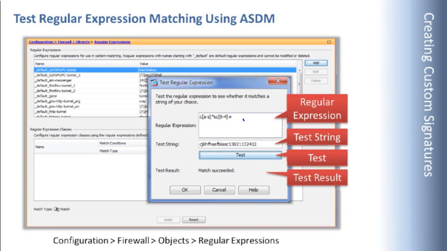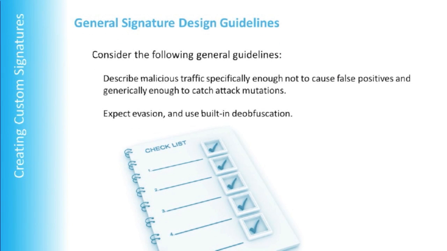So you put in your regular expression, you put in a test string, and you see if you get a match. Pretty cool. This is available, I believe, at the command line too. There are ways you can do this. So that would be configuration, firewall, objects, regular expressions. Unfortunately, the intrusion prevention system management software doesn't have any kind of a regular expression tester like that.